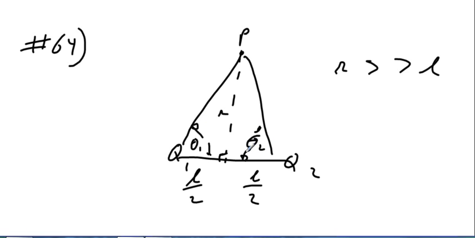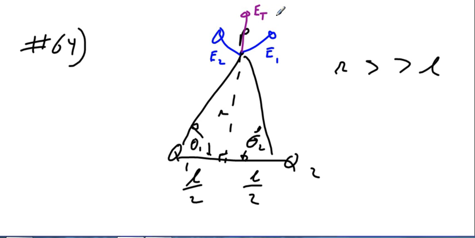Now, both of these are positive, so the electric field is going to be in the y direction only, because I got a field 1 going that way, a field 2 going that way, and the resultant of those fields is only going to be in the y direction.